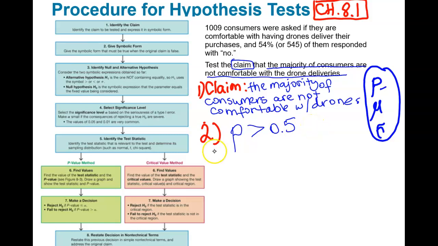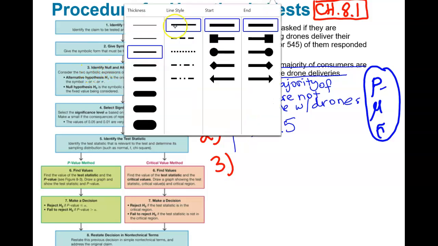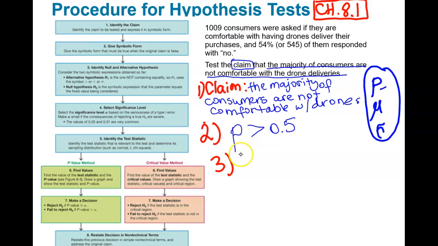Step 3. Now we want to identify the null and alternative hypothesis. The null hypothesis, we know, always has an equal sign in it. The alternative hypothesis would be the one that does not have an equal sign. The alternative hypothesis has a greater, less, or not equal sign.